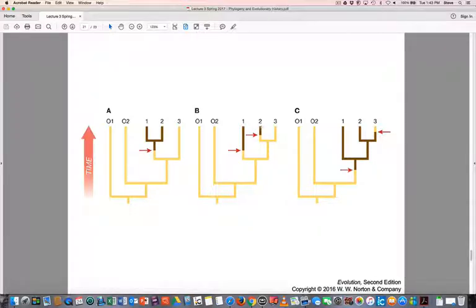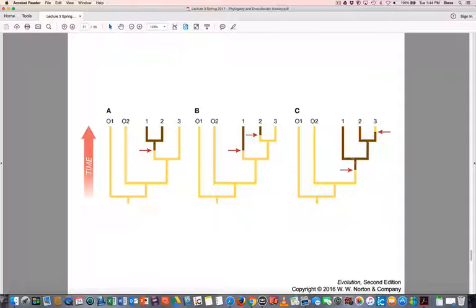In the other case, where you had homoplasy, where 1 and 2 arose independently, the ancestral state is always yellow, but the brown or darker coloration arose independently in species 1 and 2. So you have to mark two changes on this tree to get to the brown coloration leading to species 1 and species 2.